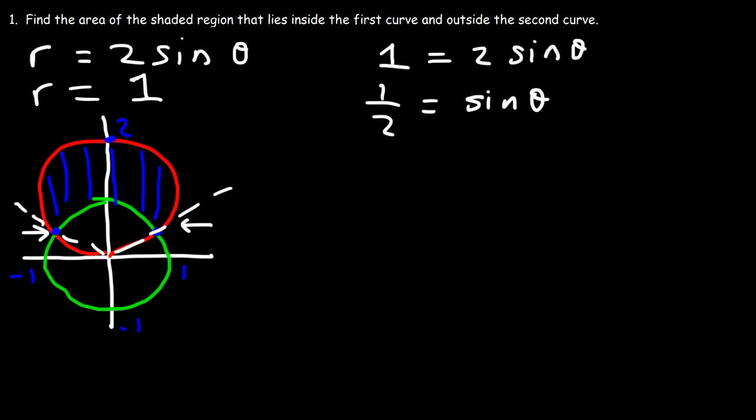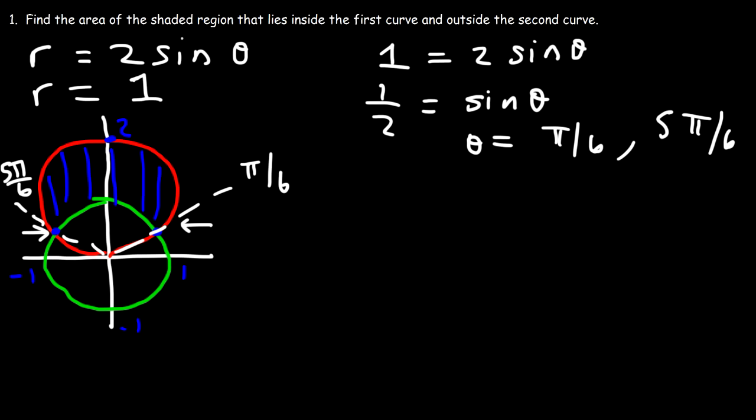Now, for what angles is sine equal to 1/2? Sine is positive in quadrants 1 and 2, and theta is going to be pi over 6 and 5 pi over 6. Sine pi over 6 is 1/2, and sine 5 pi over 6 is also 1/2. So we're going to integrate from pi over 6 to 5 pi over 6, and that's going to give us the area of the shaded region.